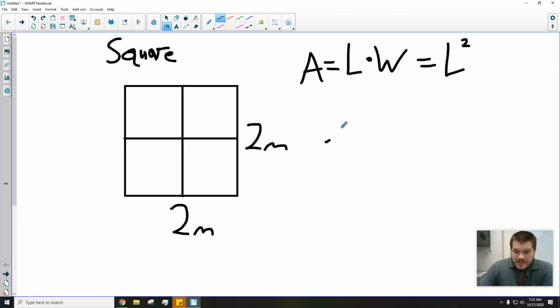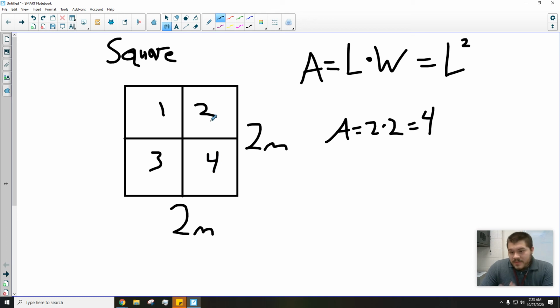So in this case, we could say that the area is equal to 2 times 2, which is 4. If we count all these up, there's 4 in total. So that's the basis of what area is. It's a shortcut for finding how much space is in this shape. We can use it by breaking it up into blocks that are 1 by 1 in length.